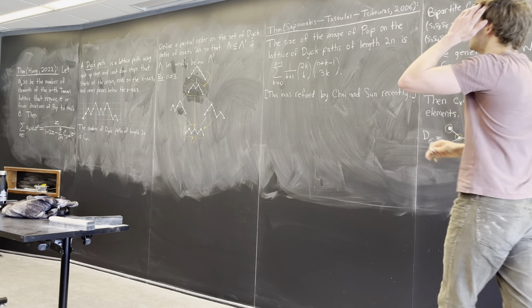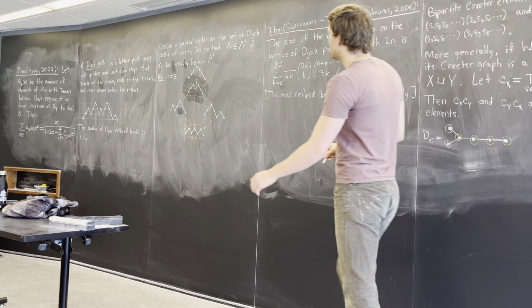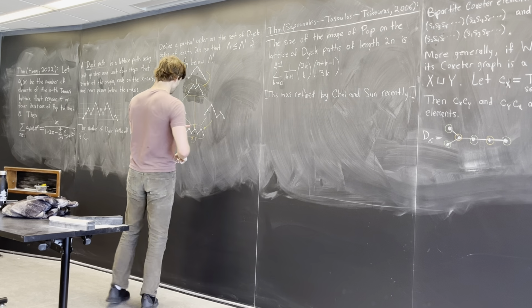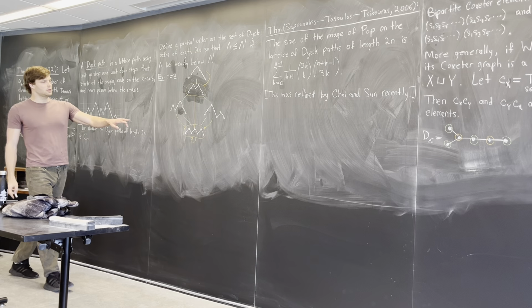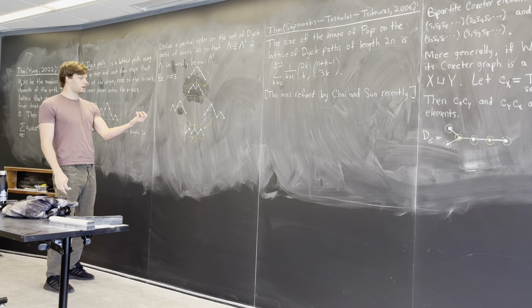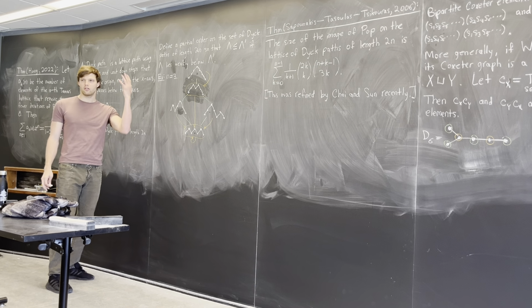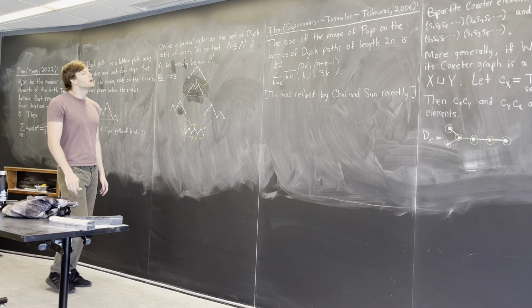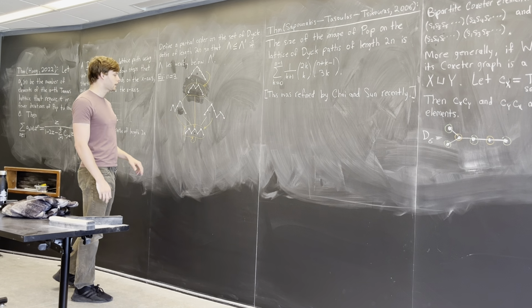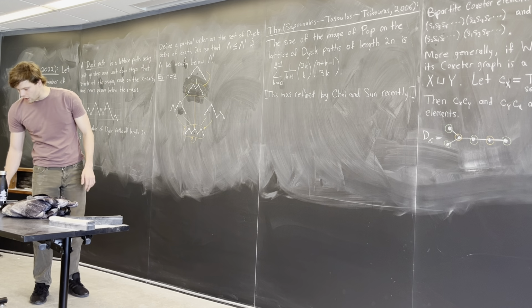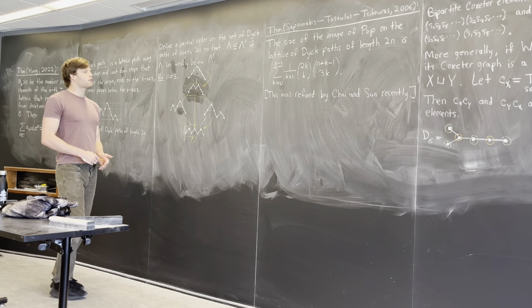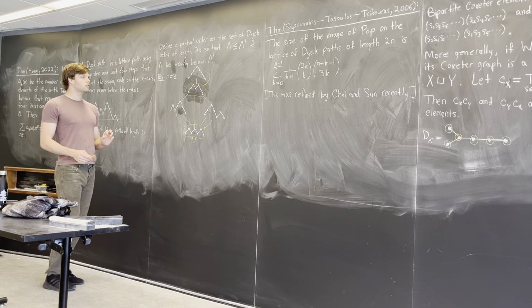So I guess the point is you can count the number of elements of the image according to the number of edges that the element has going up. So here this element has one thing going up, this element has two things going up. So you could write down a generating function where you have a variable q that keeps track of these things.